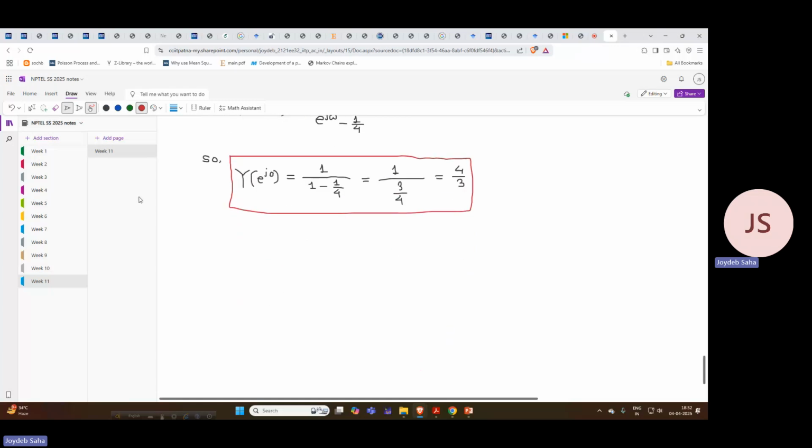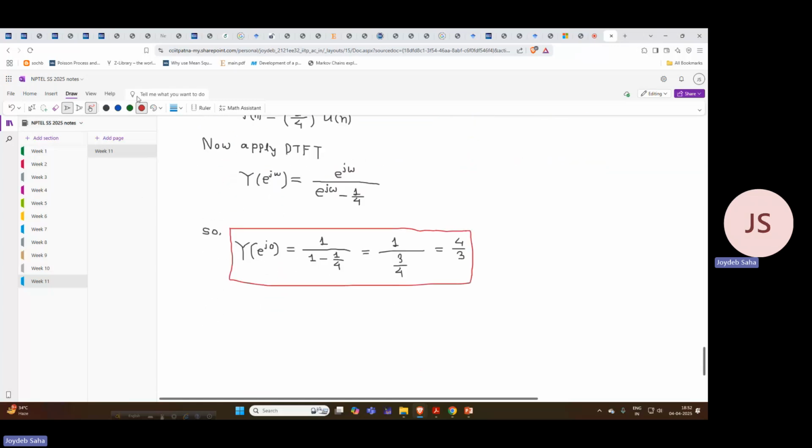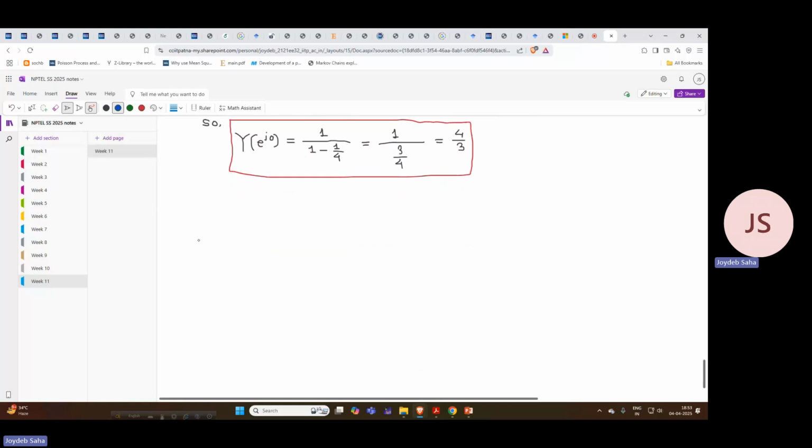Okay, and let us move to the next problem. It was question 4, so we'll go to question 5. A 5-point sequence x of n is given.